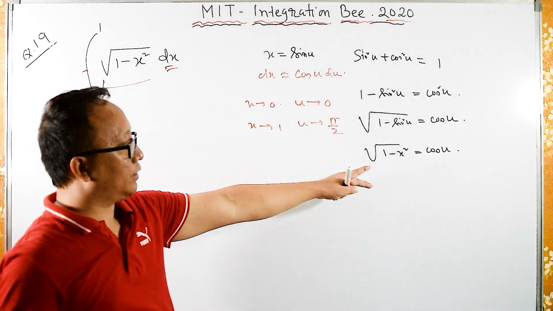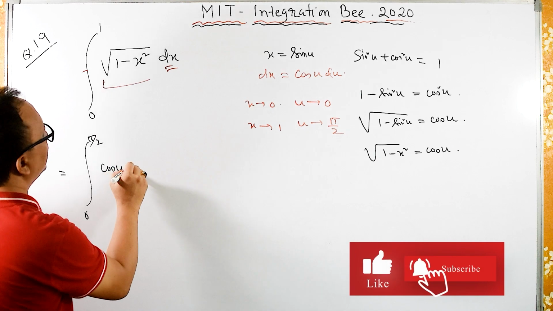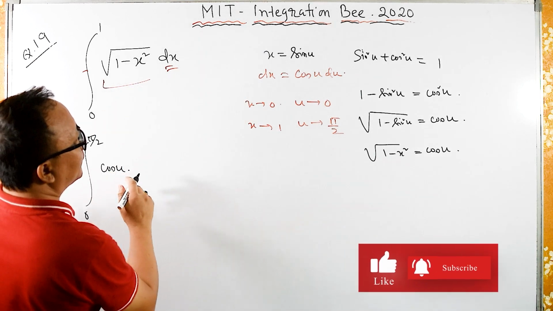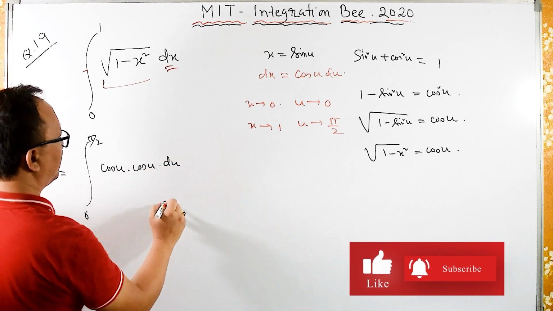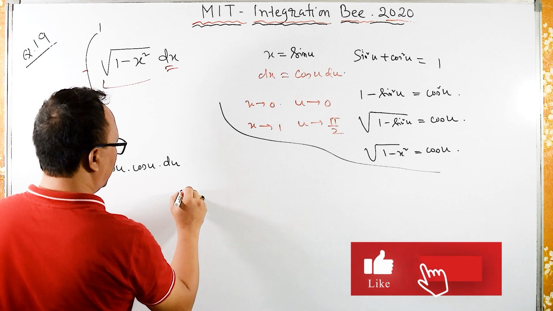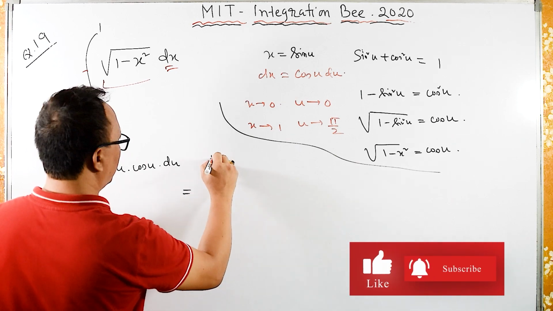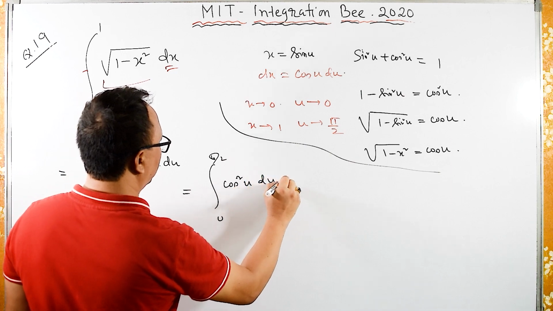Square root of 1 minus x square becomes cos of u, and we have cos of u into dx, which is cos u into du. So it equals integral 0 to pi by 2 of cos square u du.